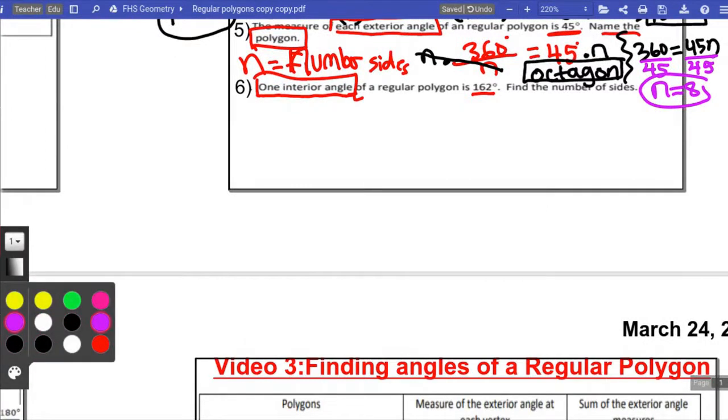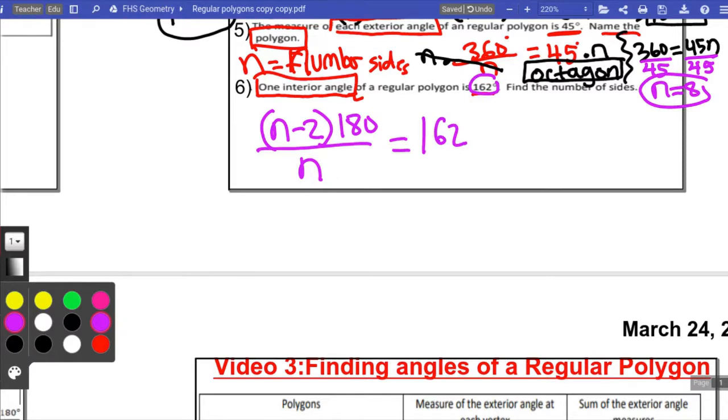The formula is n minus 2 times 180, all over n. They told me the one interior angle is 162, and they want me to find the number of sides, which is n. Remember, n stands for number of sides. So we need to solve for n.